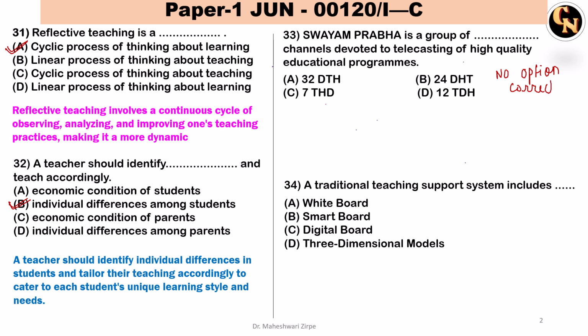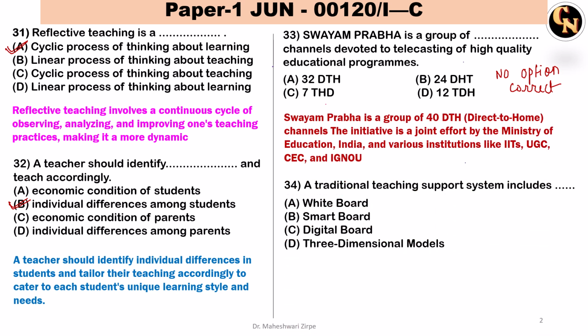So let me tell you what the correct option here is. The correct answer is 40 DTH. What is DTH? DTH is nothing but direct to home. So I'll write down the answer here. The answer is 40 DTH, direct to home.